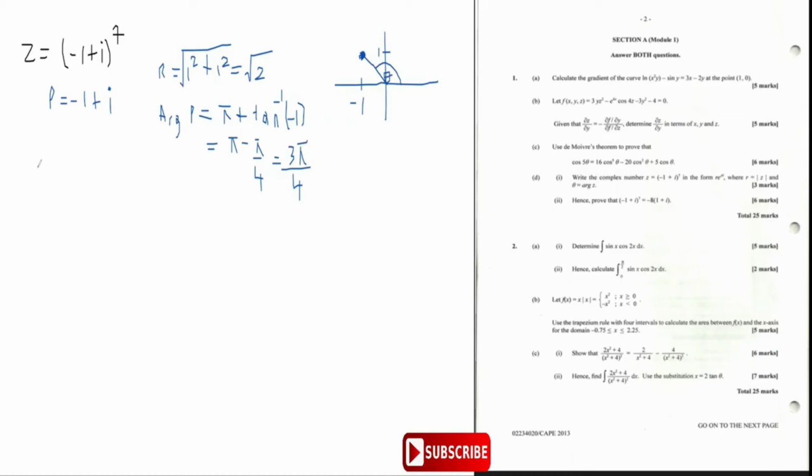Now that we have P, the next thing we need is Z. So we can rewrite Z as R, which is the root of 2, times cos theta plus i sine theta, where theta is 3 pi by 4. So Z is root 2 times cos 3 pi by 4 plus i sine 3 pi by 4.